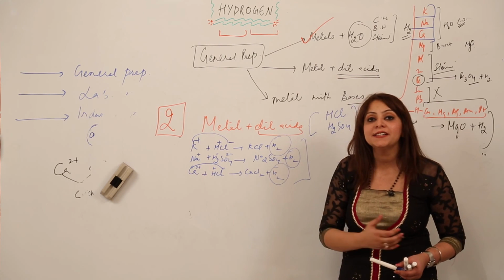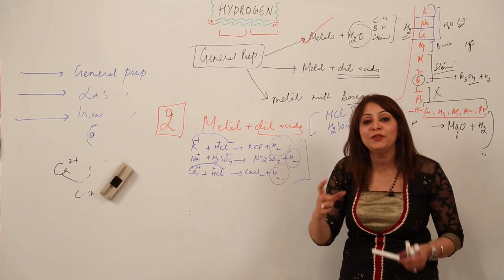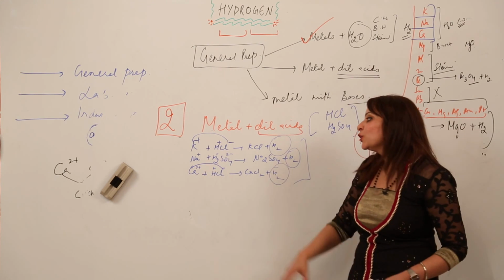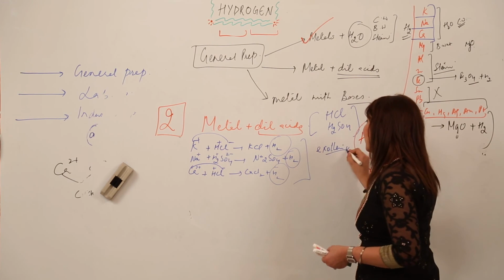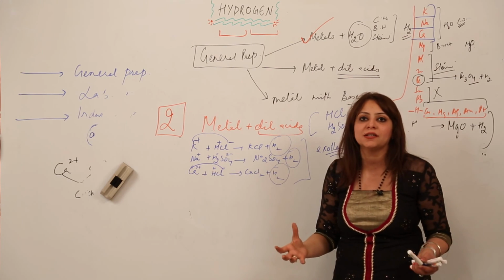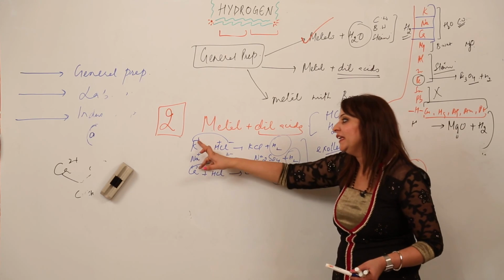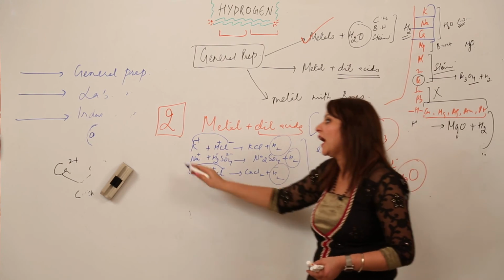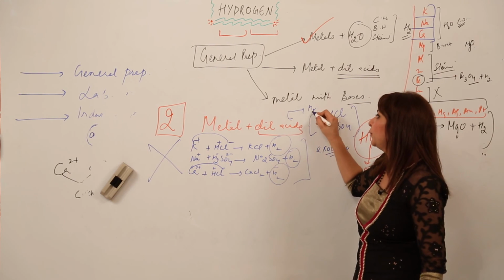The reason is very important, because we need hydrogen, we don't need an explosion, right? All these reactions are exothermic. They produce heat, and they produce heat in such an amount that an explosion occurs. So we don't need an explosion, we just need hydrogen gas.